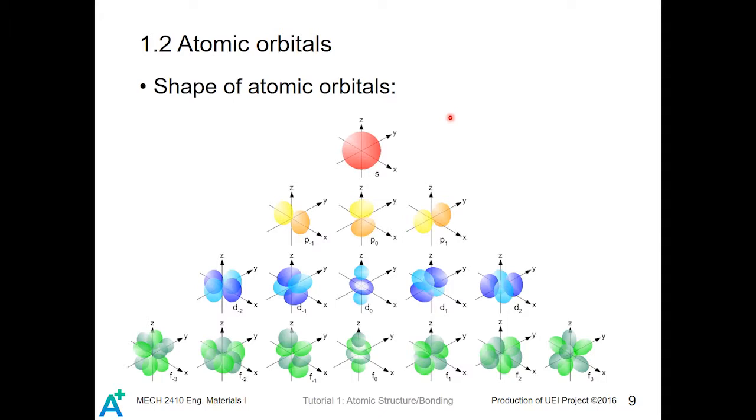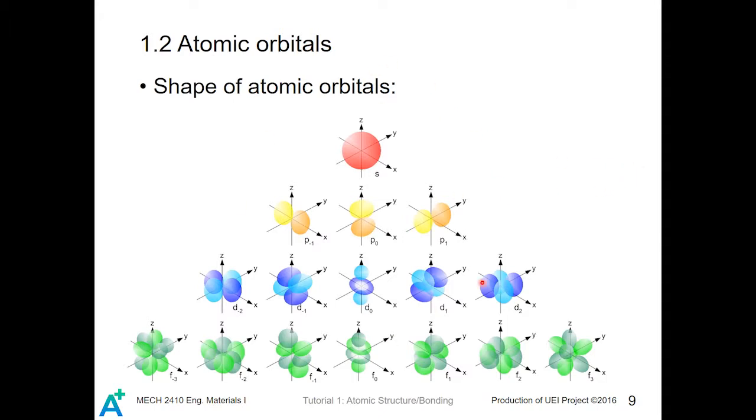For p, the angular quantum number, l, is equal to 1, and that means m has 3 possible values, and m is the magnetic quantum number. And d, therefore, will have 5 possible magnetic quantum numbers, which basically means there are 5 possible shapes for d orbitals, and f has 7 possible shapes, and so on.